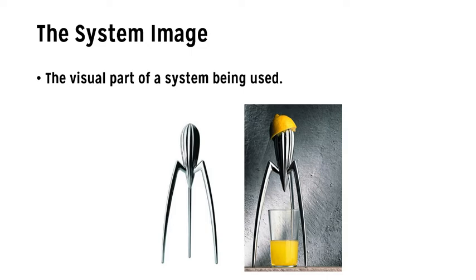If you were just given this juicer out of the box, unwrapped, with no explanation as to what it was, the system image would leave you confused. You have no idea what to do.